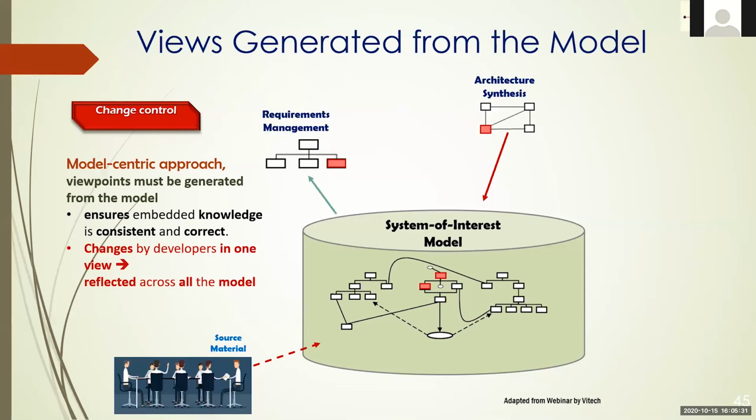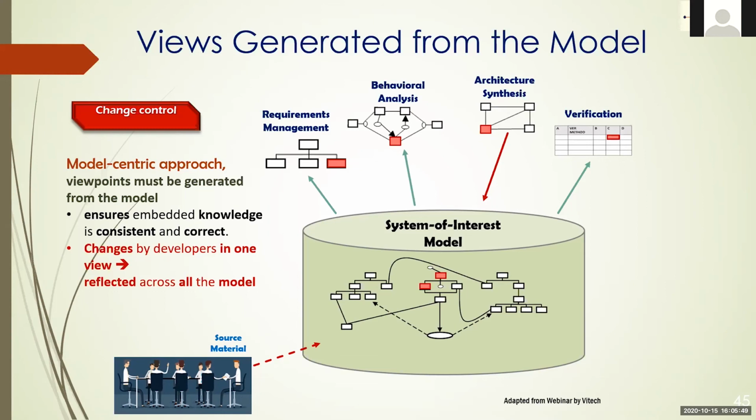And thanks to the relations with the other models, I should be able to identify that my requirements were affected in one of those components, that when I do the behavioral analysis, I also have a change over there. And even if I already have some test cases or a model or a simulation to verify that component, I will have to change it, okay?